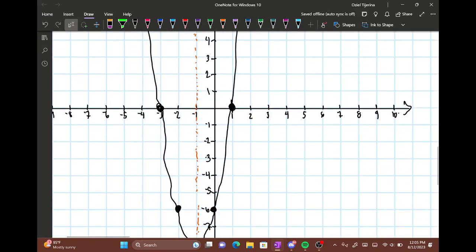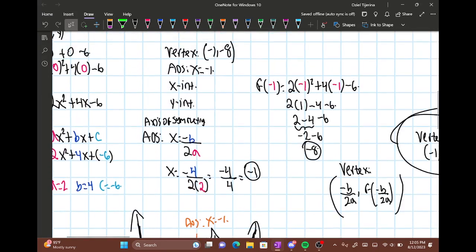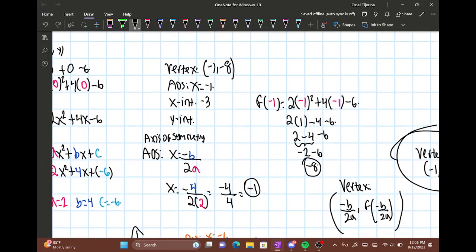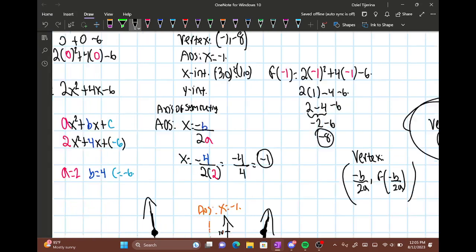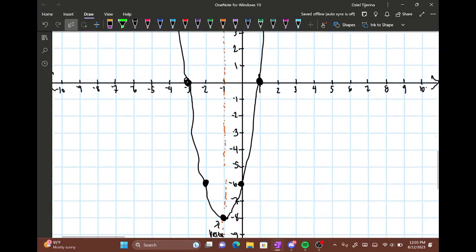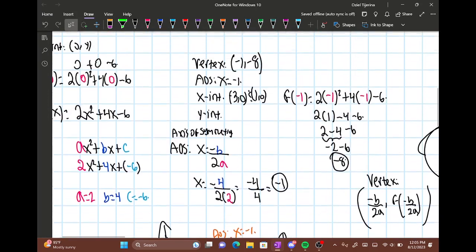Our two x-intercepts were -3, 0 and 1, 0. And our y-intercept was 0, comma, -8, right?